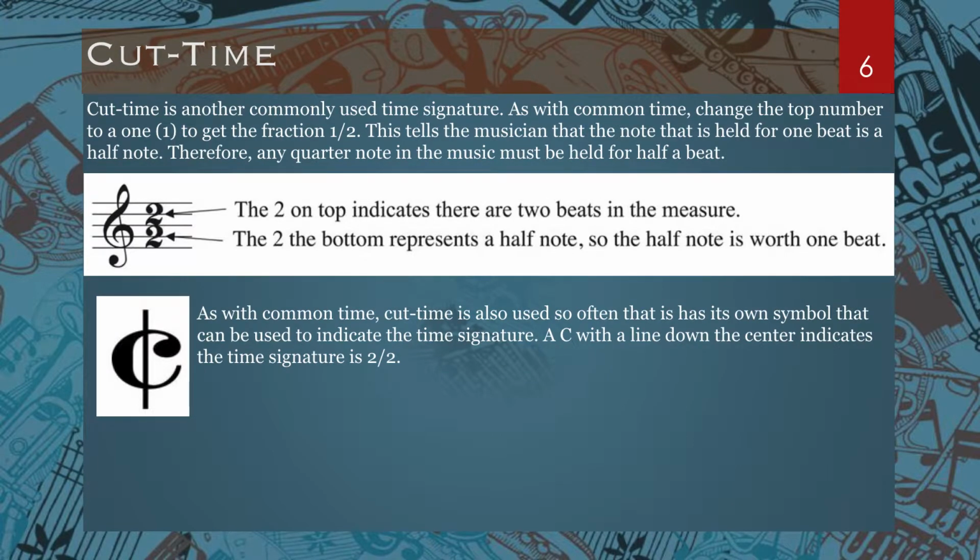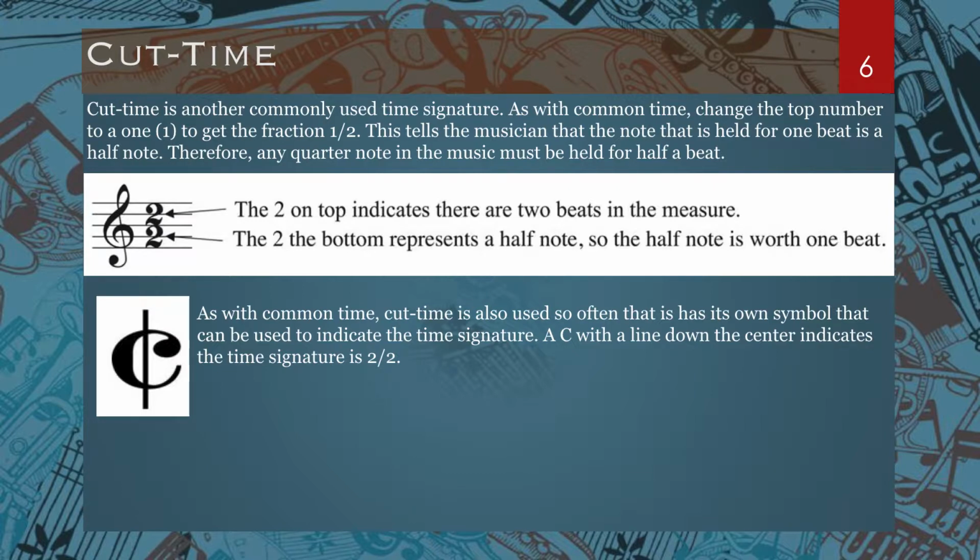Cut time is another commonly used time signature. Just like common time, if you change the top number to a 1, you get the fraction 1/2. This tells a musician that the note that is held for 1 beat is a half note. Therefore, any quarter note in the music must be held for half a beat, because the half note is now worth a single beat.